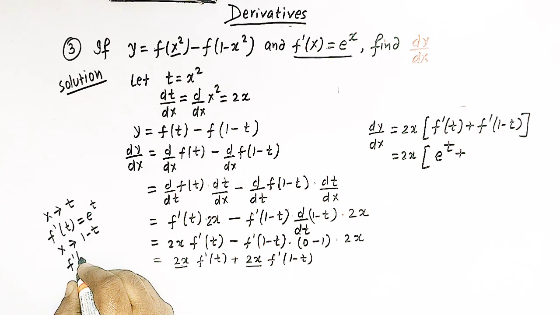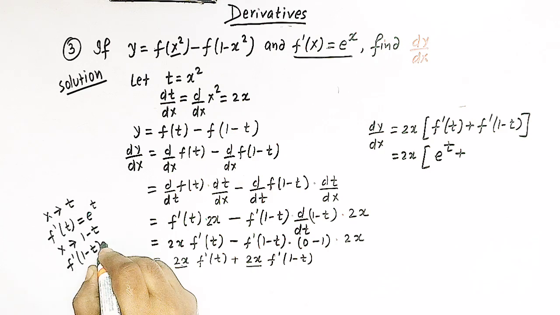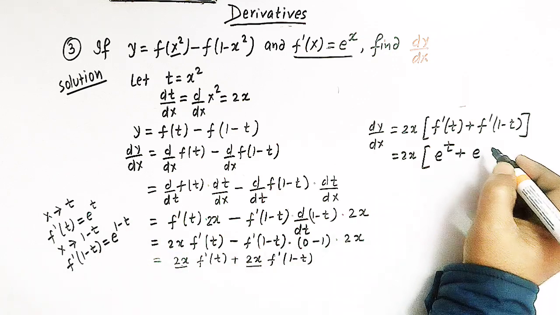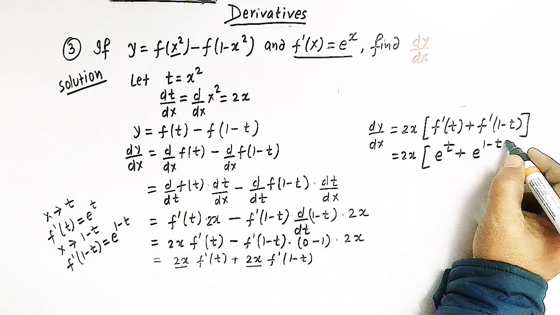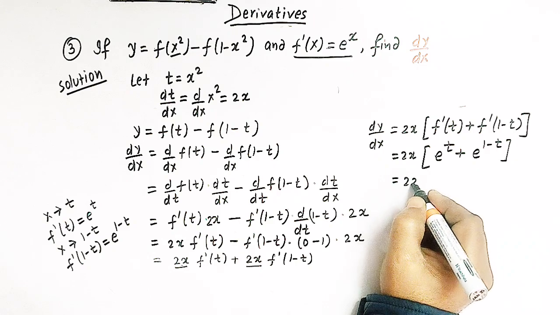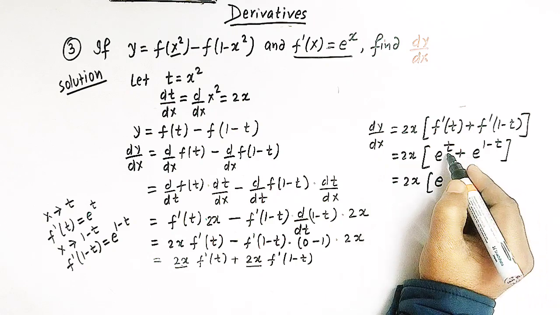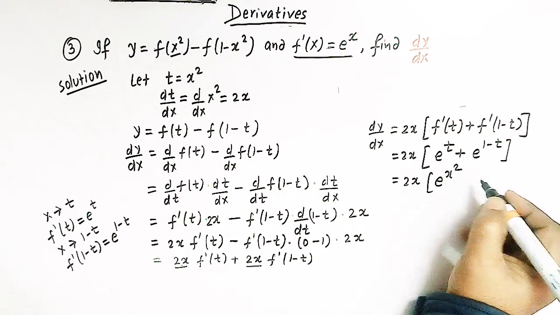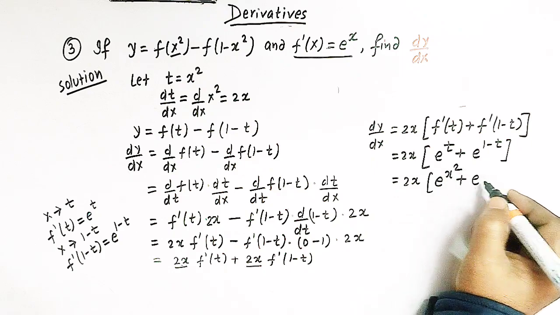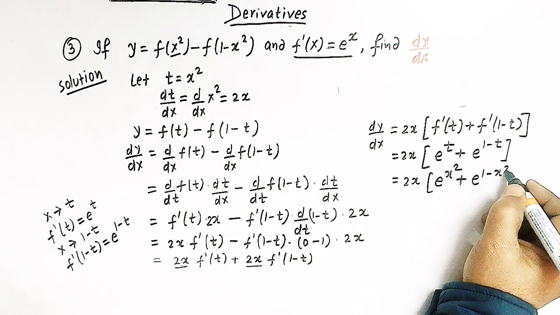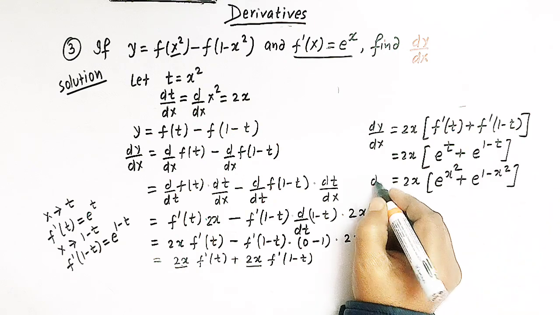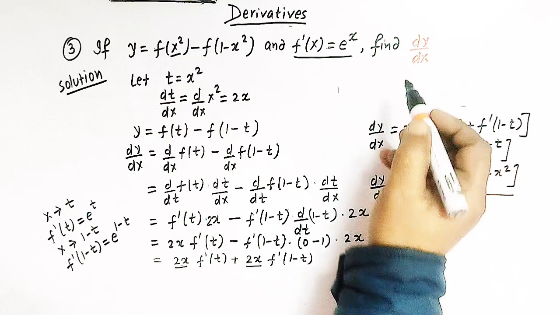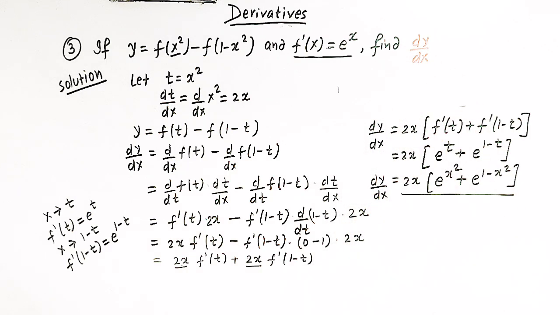So f prime of 1 minus t is equal to e raised to 1 minus t. So now we have 2x, and replacing t by x square, we have e raised to x square plus e raised to 1 minus x square. So this is the required expression for dy over dx.